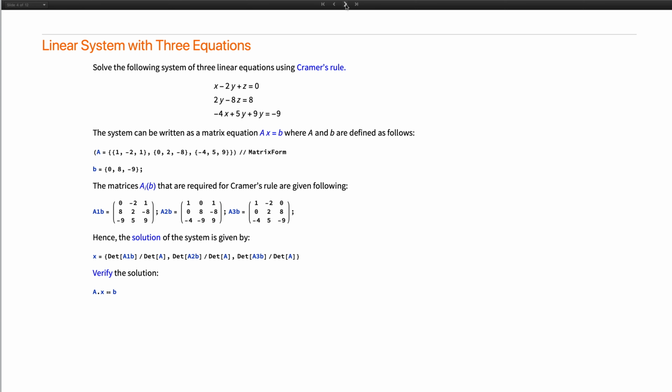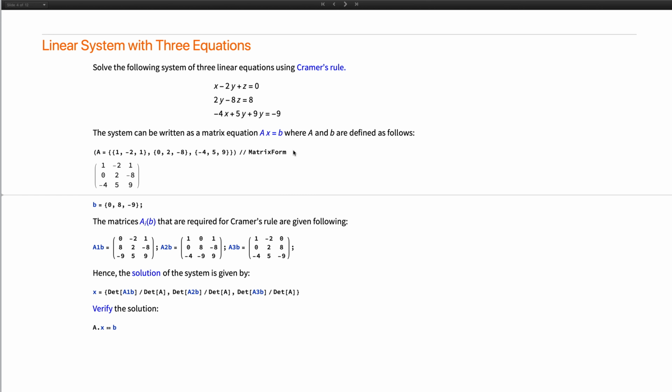So as an example, here is a 3 by 3 system, and you want to solve it using Cramer's rule. First of all, we set up the matrix of coefficients. So you have 1, -2, 1, 0, 2, -8, and -4, 5, 9 from here. And the right-hand side vector is 0, 8, -9 from the right-hand side over here. You then form the determinants required for Cramer's rule.